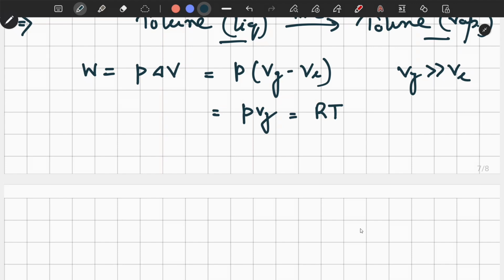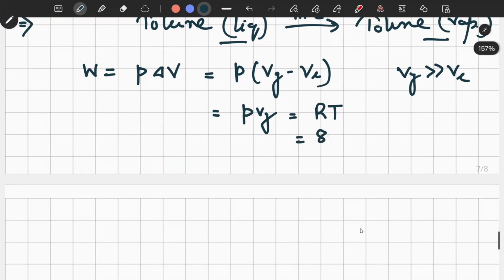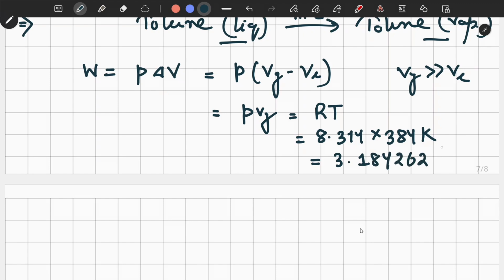And it's 1 mole, so it's RT. R is 8.314 and T is 111 degree Celsius, but in Kelvin it is 384. So it comes to about 3184 joule. It is joule per Kelvin times Kelvin, so it is just joule.